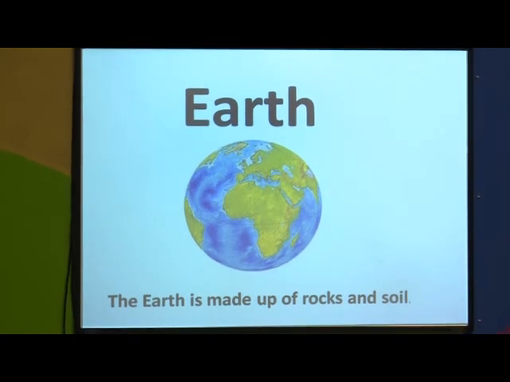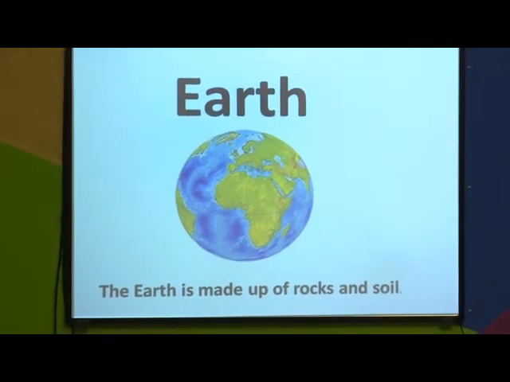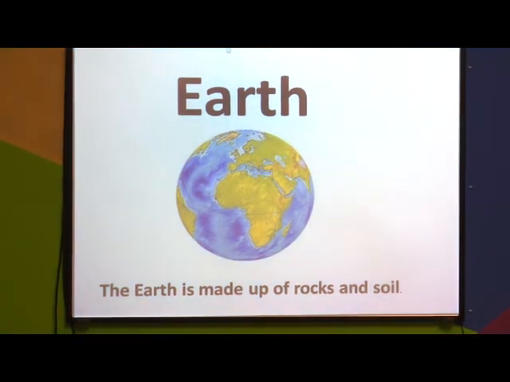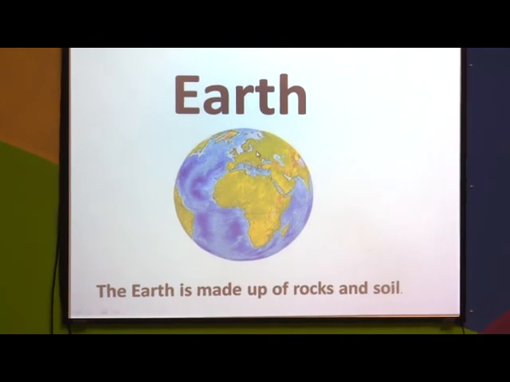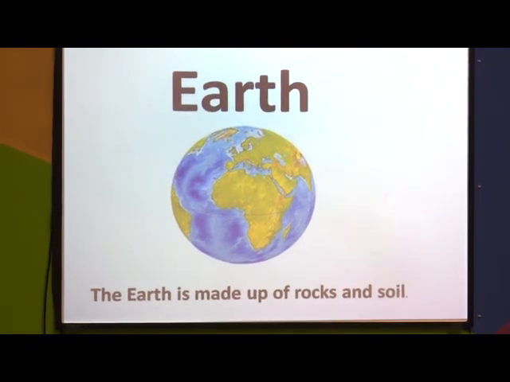Yes students, can you see what it is? This is the picture of earth. Millions of years ago our earth was a big ball of gases and dust. I'll repeat again.